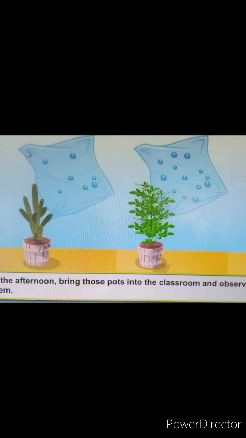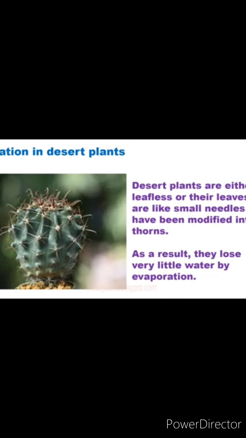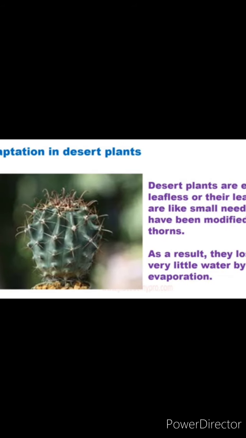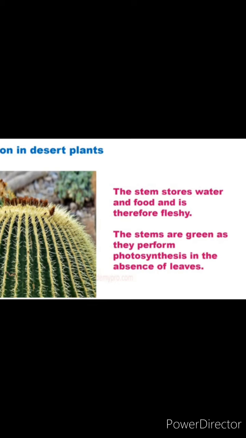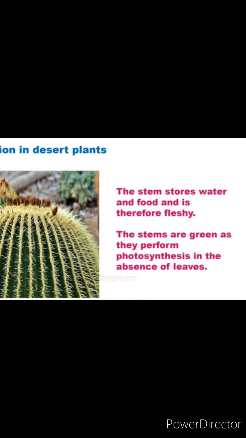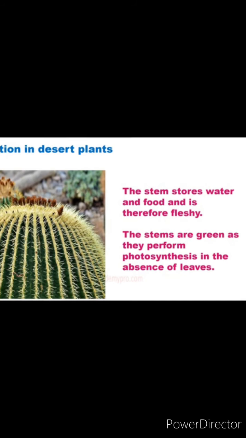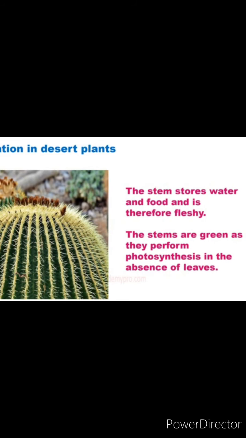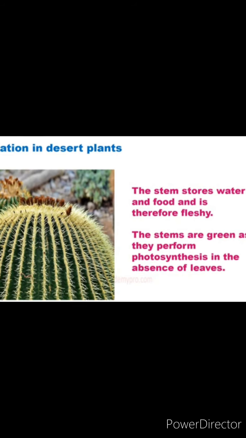Desert plants are either leafless or their leaves are like small needles or have been modified into thorns. As a result, they lose very little water by evaporation. The stem stores water and food, therefore it is fleshy. The stems are green as they perform photosynthesis in the absence of leaves, because leaves are converted into thorns.